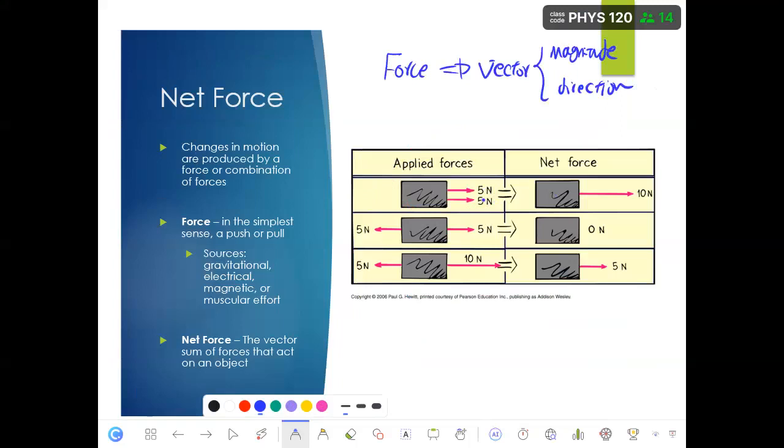When I am adding forces, I should add forces with their sign. So net here means adding all forces. Good? With the sign.